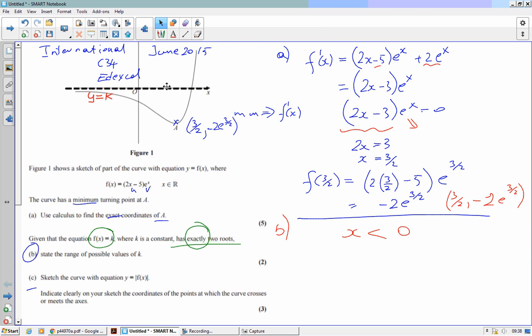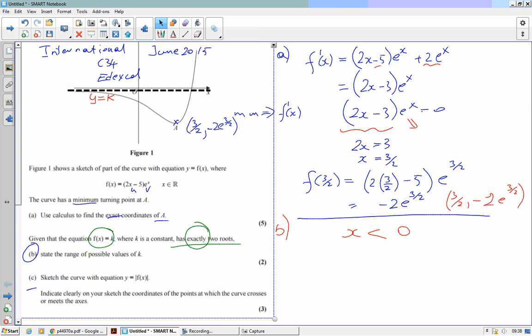Clearly, because if it's equal to 0, there's only one root, but less than 0, even if it's a little bit less, we can't see the root there, but there will be one later on.